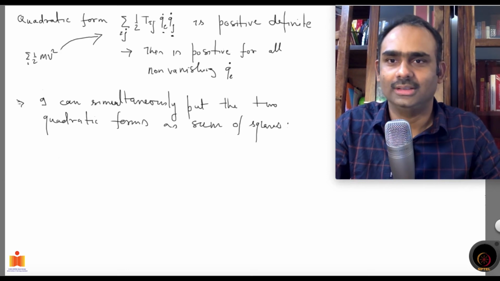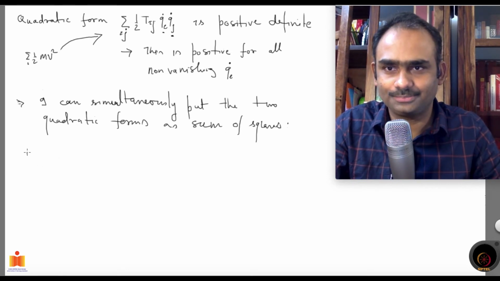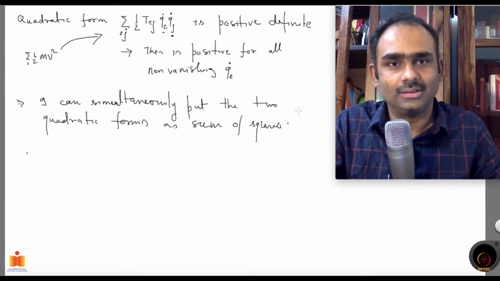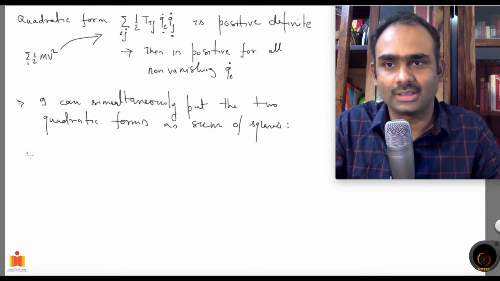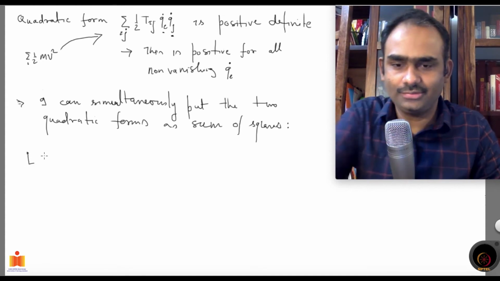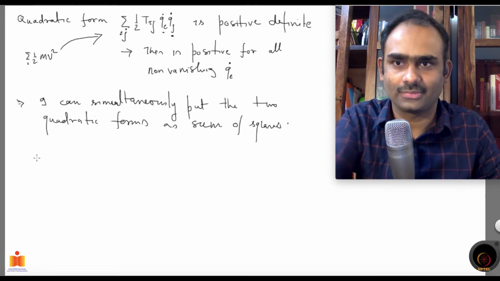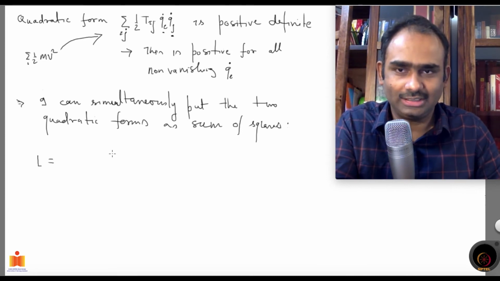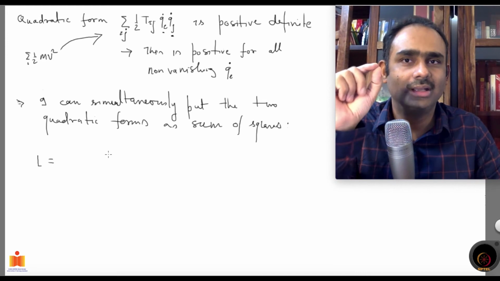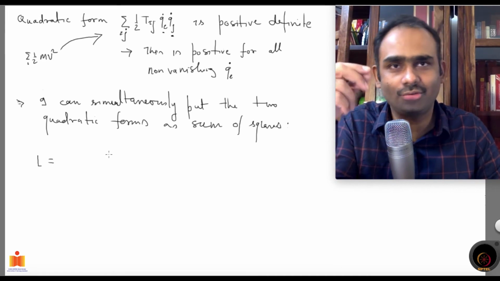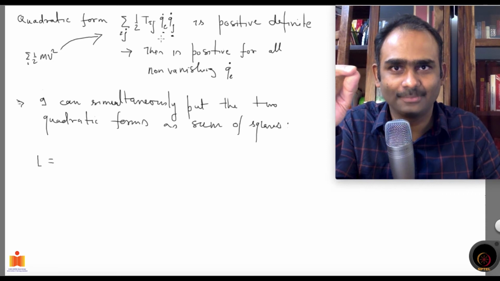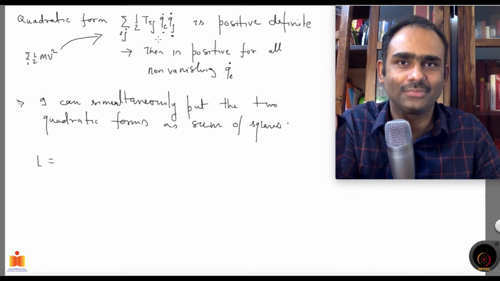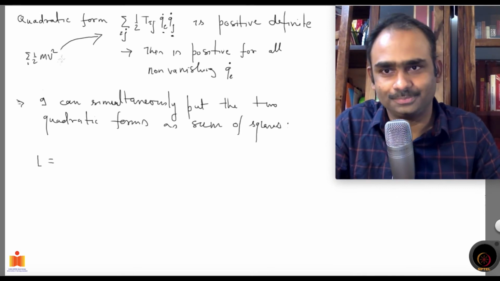Sum of squares. So my Lagrangian now becomes the following. The fact that I can put it as a sum of squares means that I will be able to do a transformation and go from the small q's here to some new set of coordinates, let's call them capital Q_i's, such that the following holds true.